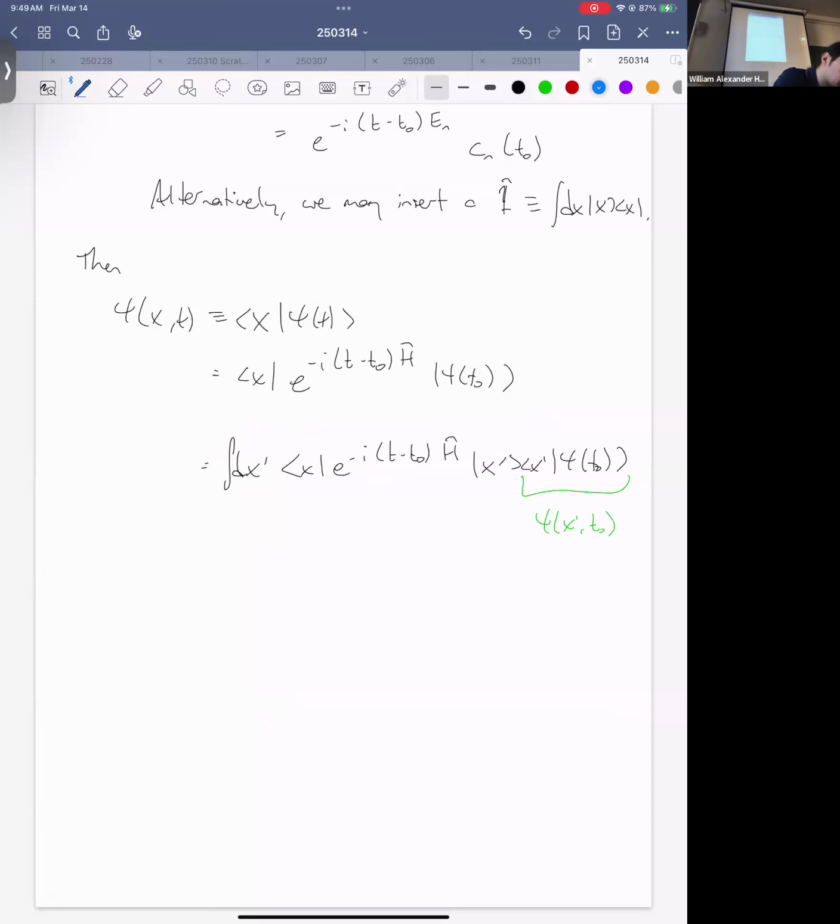Let's name this, because it comes around very frequently. So this is the matrix element of the time evolution operator in the position basis.